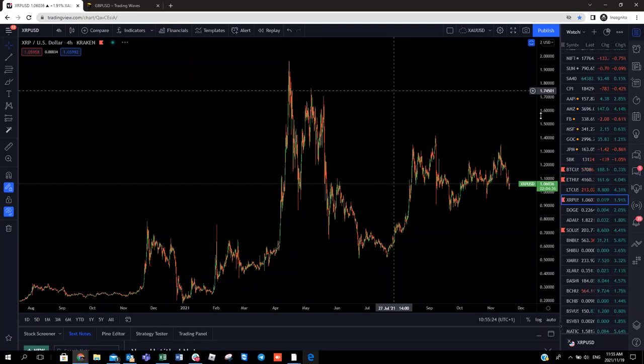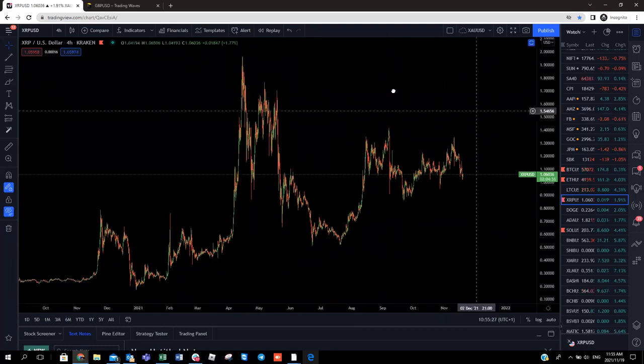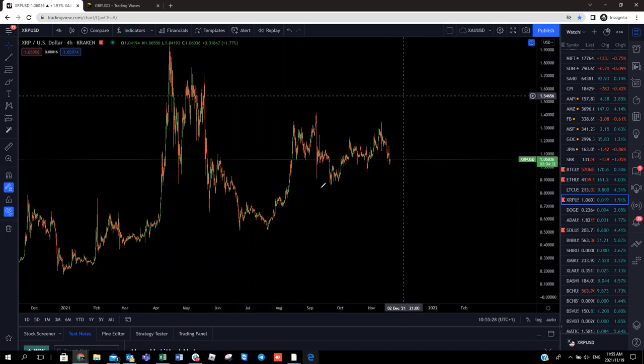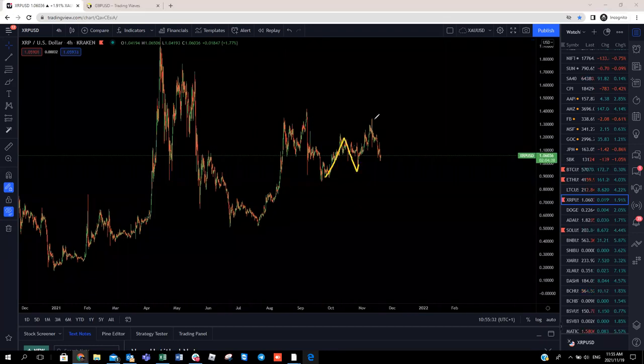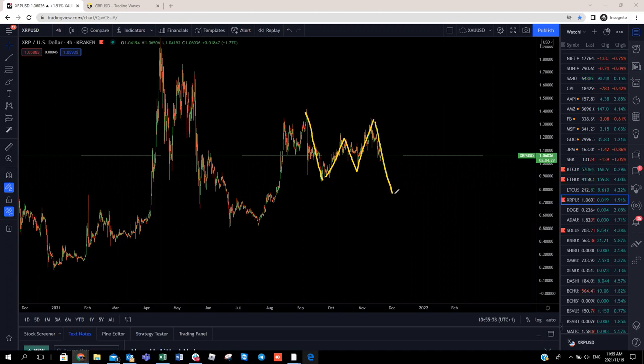Let's draw it clearly because this is very clear structure here on XRP. And the structure is this 1, 2, 3. Look at that textbook 3 waves there. We'll be looking for another completion of that textbook 3 waves so that Ripple can start pushing to the upside as follows.